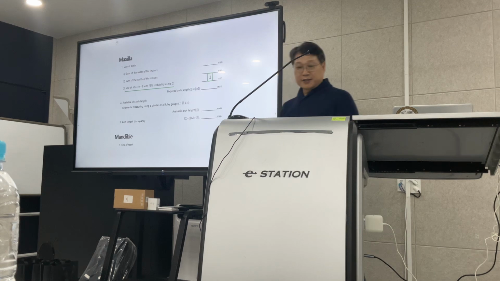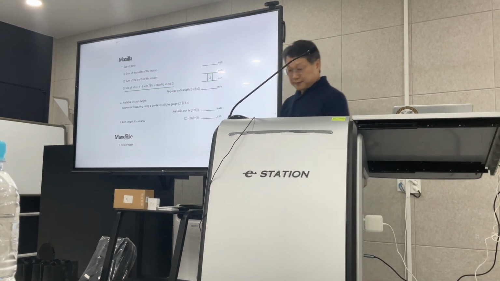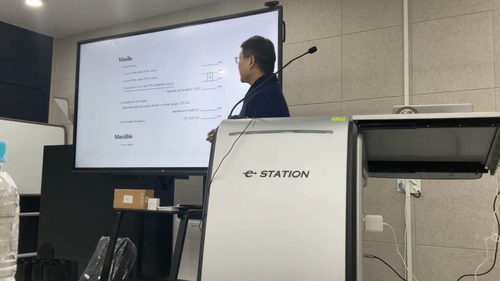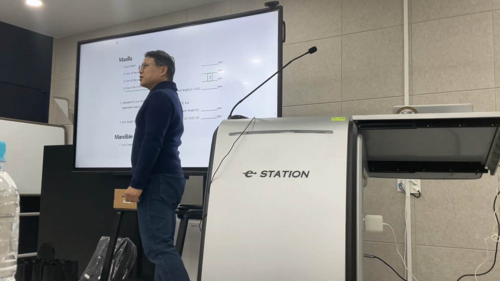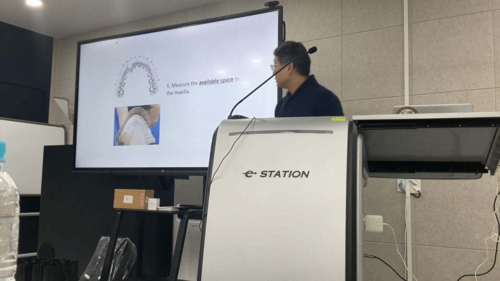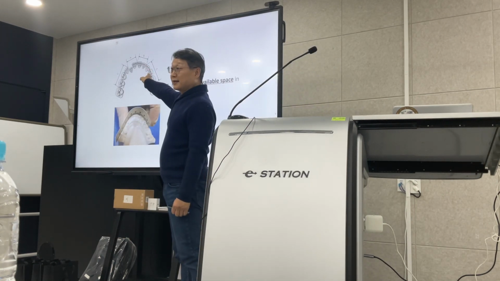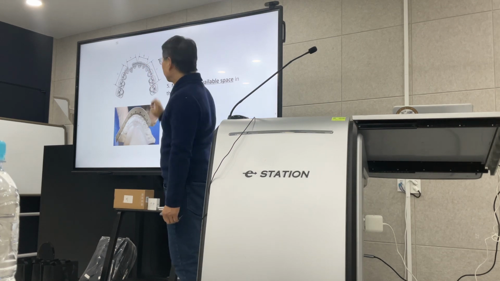So same procedure in the mandibular. Now we have to check the available space. This is the required space, right? And we will use the segment technique. It is very simple.